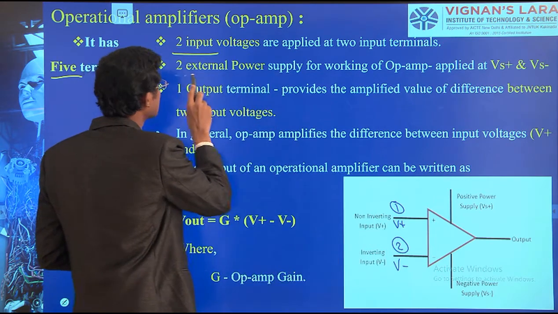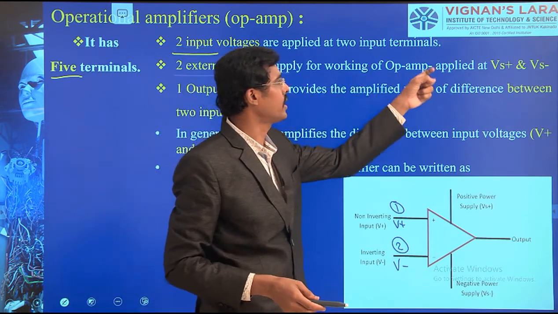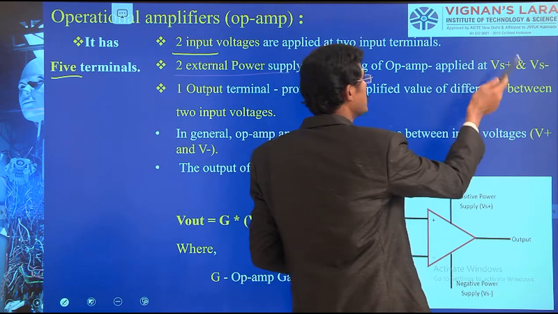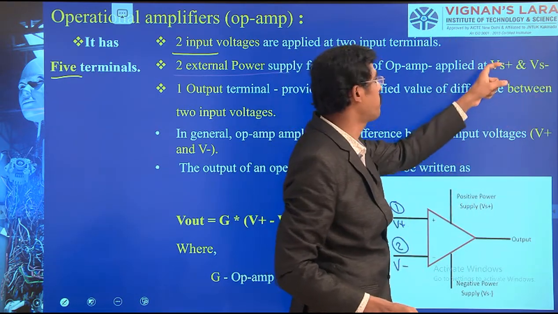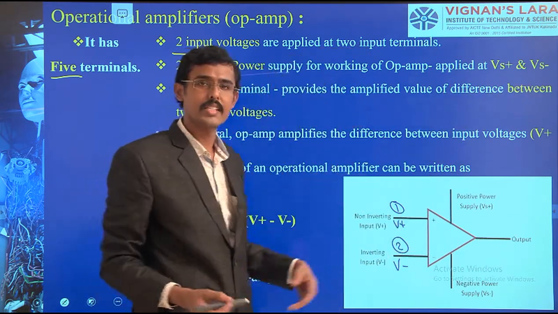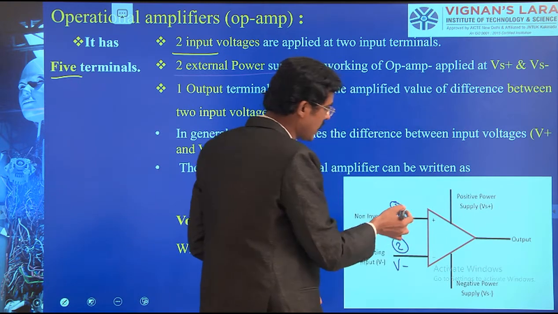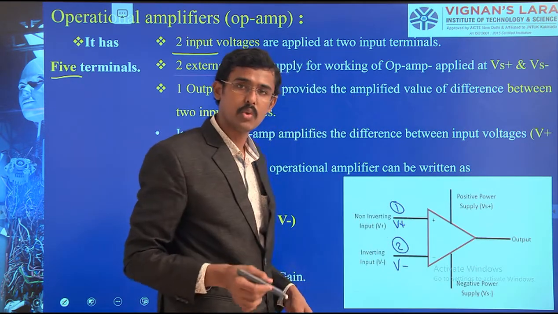Second, 2 external power supplies for the working of the operational amplifier are applied as Vs plus, Vs minus, voltage supply plus, voltage supply minus. So I am supplying from 2 sides. Power supply I have given for these cases. This is related to the non-inverting input. This is related to the inverting input of the power supply.